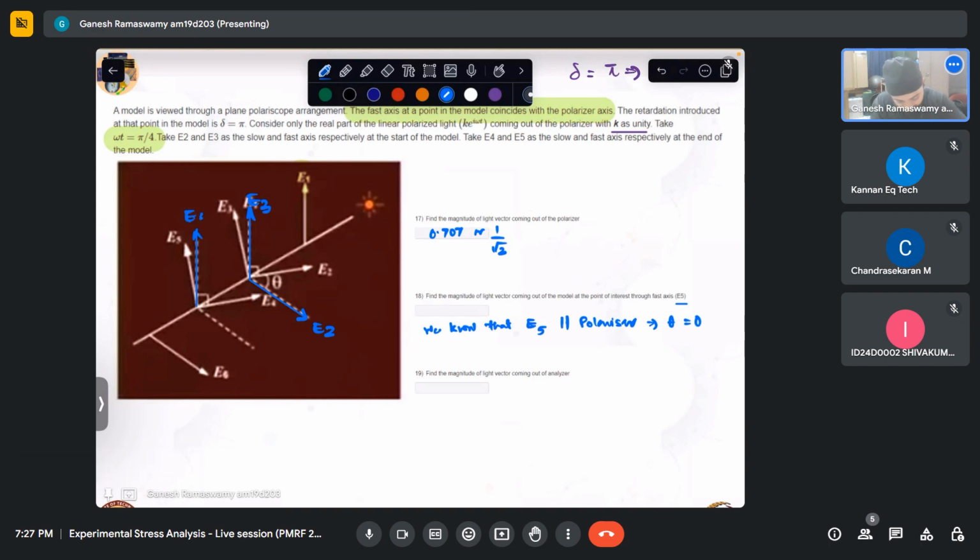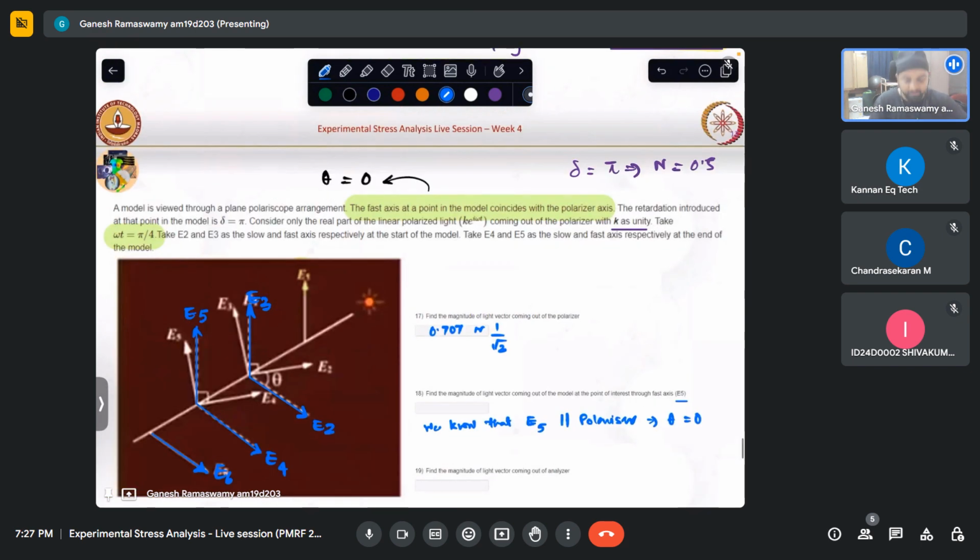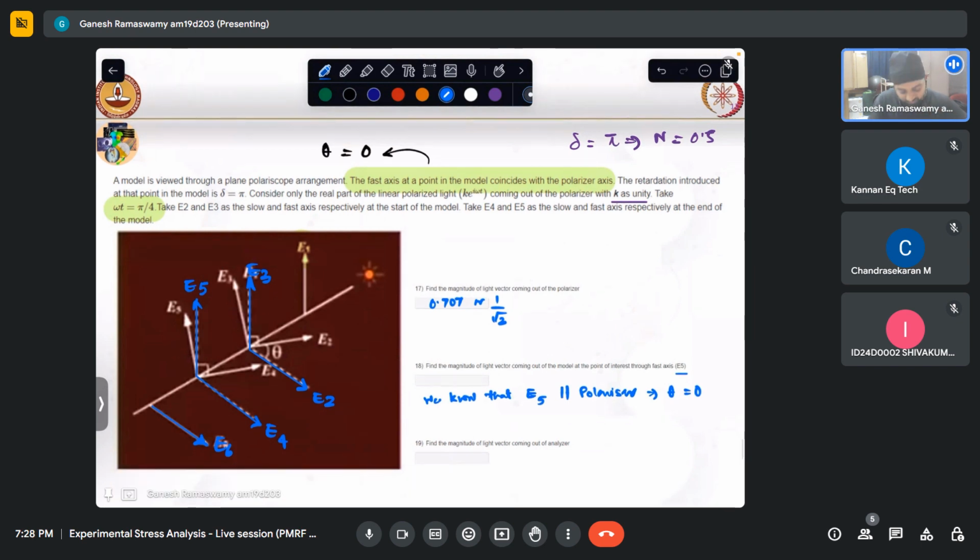This is my E4. And then I have an analyzer that is kept like this, which is E6. So to be problem specific, this is what the diagram is because it is kept at 0 degrees. At that point, fast axis coincides with the polarizing axis.